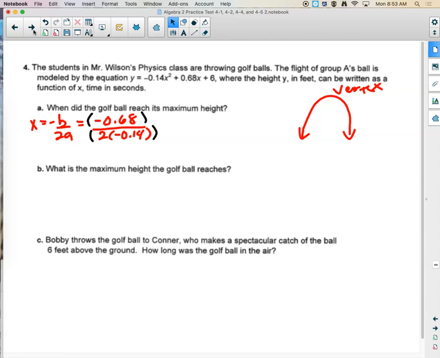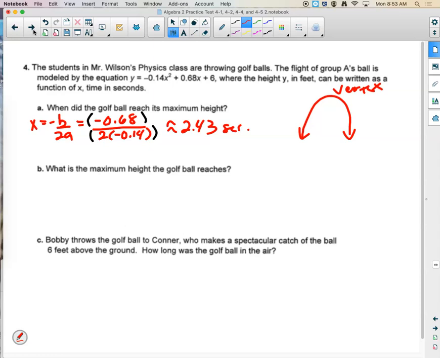Parentheses, negative 0.68, parentheses divided by, parentheses, 2, parentheses, negative 0.14. So about 2.43. I'm going to put my little squigglies. 2.43, and x was seconds. So at 2.43 seconds, it's going to be something for height.